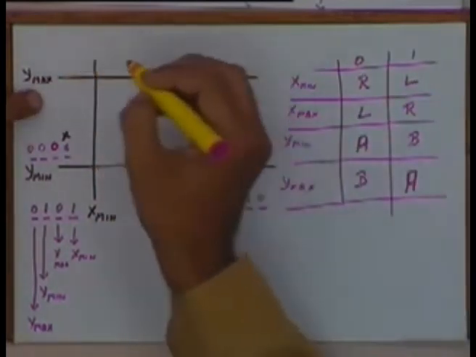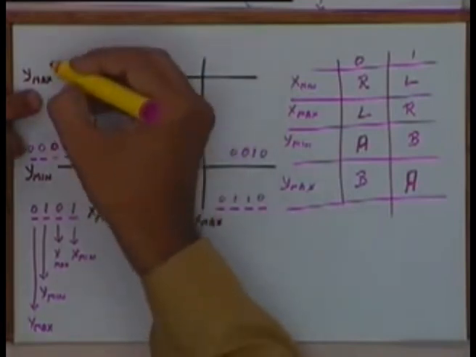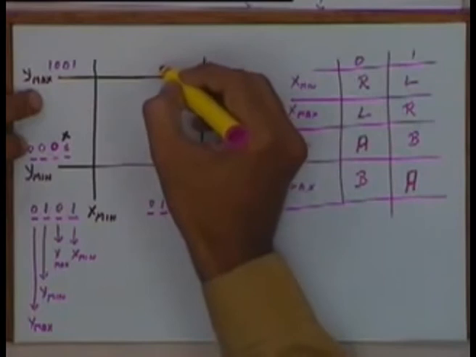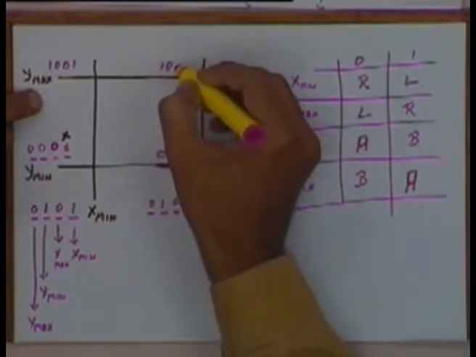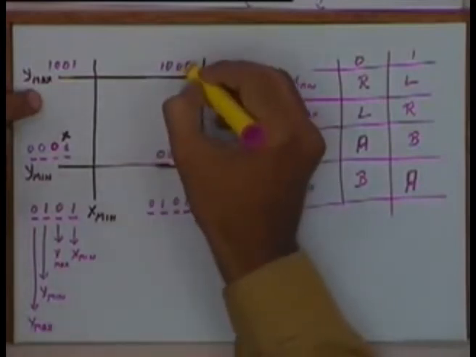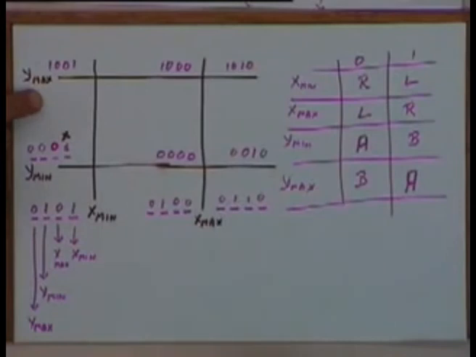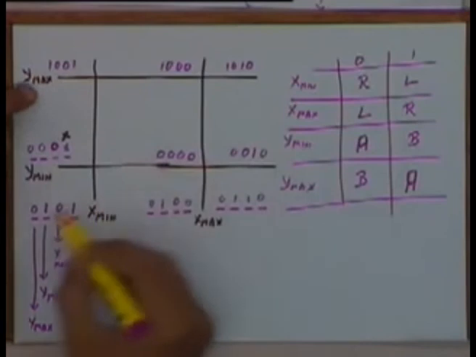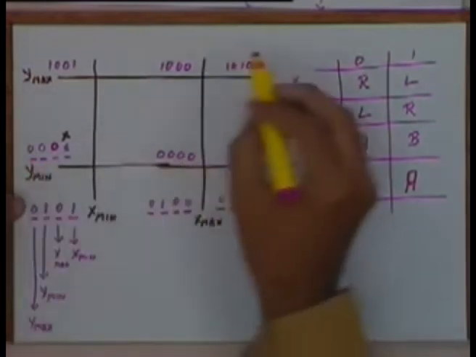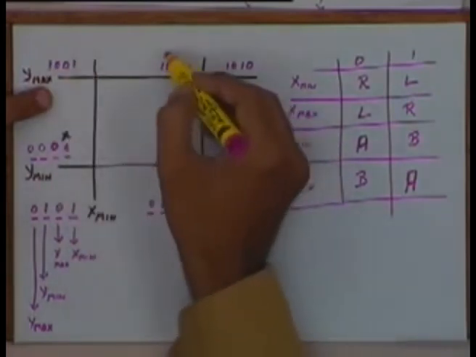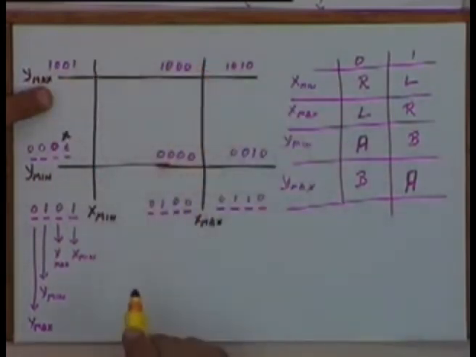If you come here, then with respect to y it is 1, 0, 0, 1. So in these 9 regions, the point will get a different code. If the point is here, it becomes 1001. If it is here, it gets 1000, and so on.